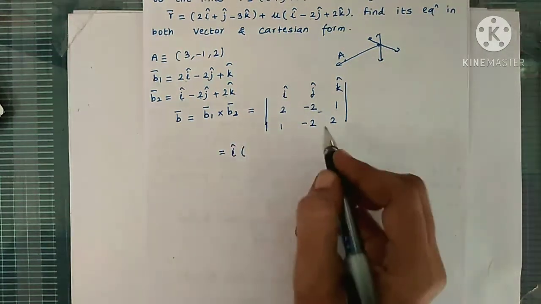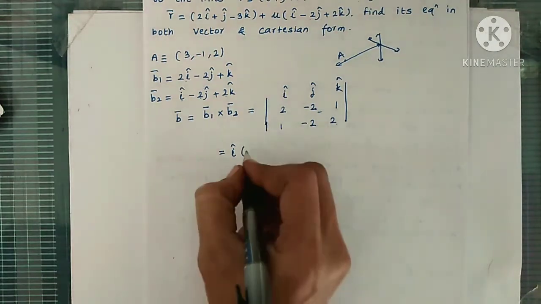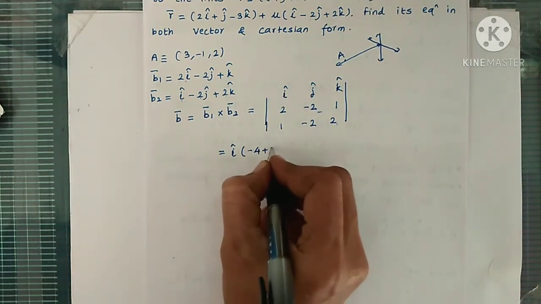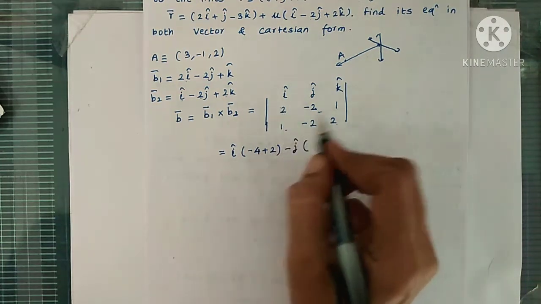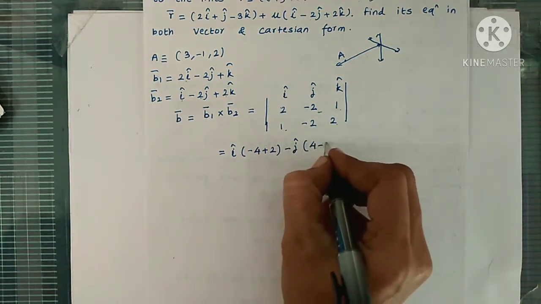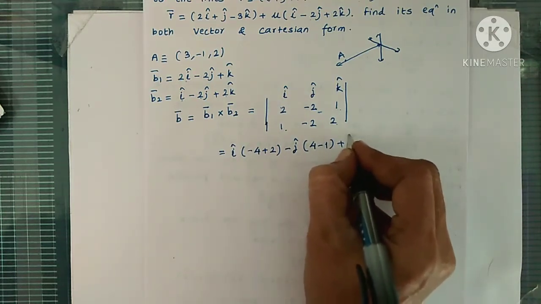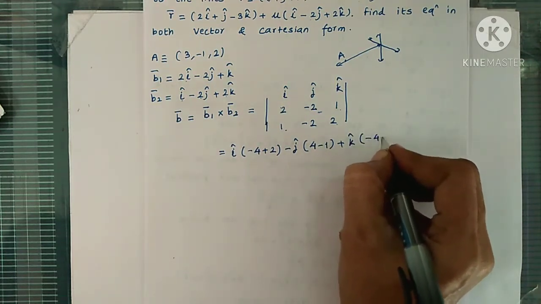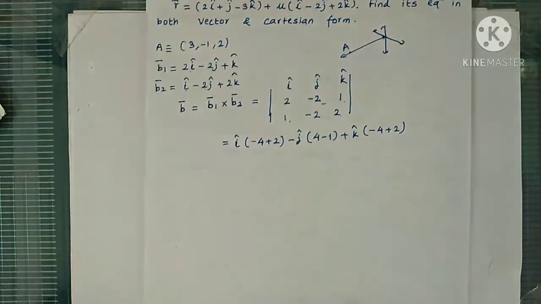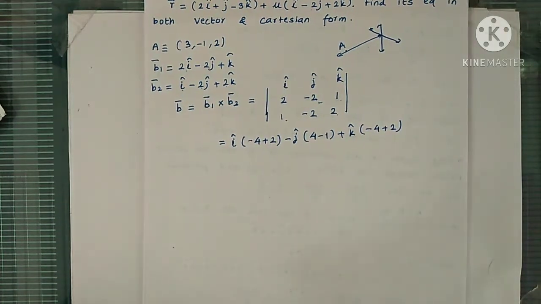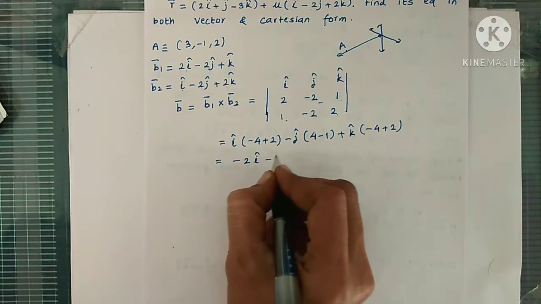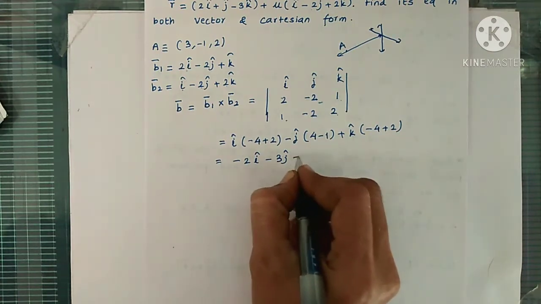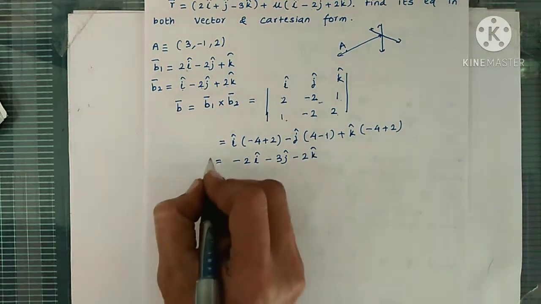So it is i cap into minus 4 minus minus 2, next one is minus j cap into 4 minus 1, plus k cap into minus 4 plus 2 again. So it is, sorry, minus 2 i cap minus 3 j cap minus 2 k cap.